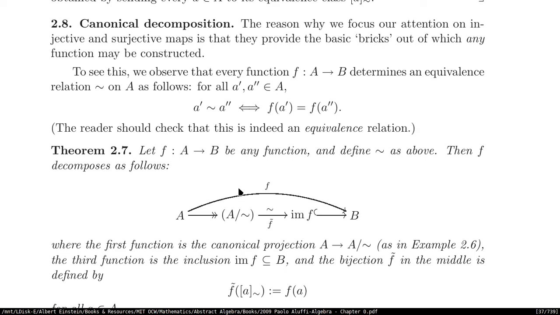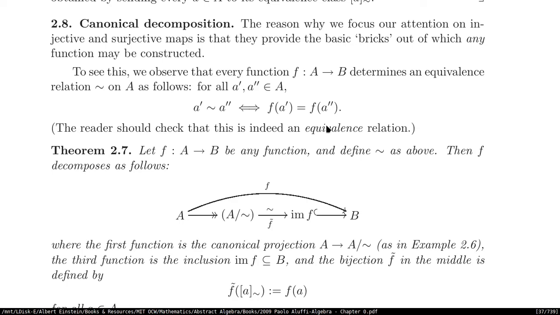Let's see. What we observe is that every function f from A to B determines an equivalence relation on A. How you do this is that A prime is identified with A double prime if and only if f of A prime is equal to f of A double prime.